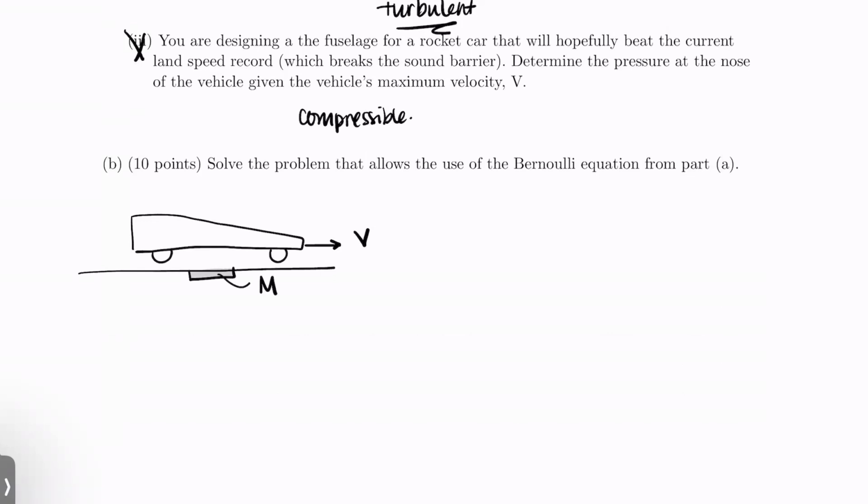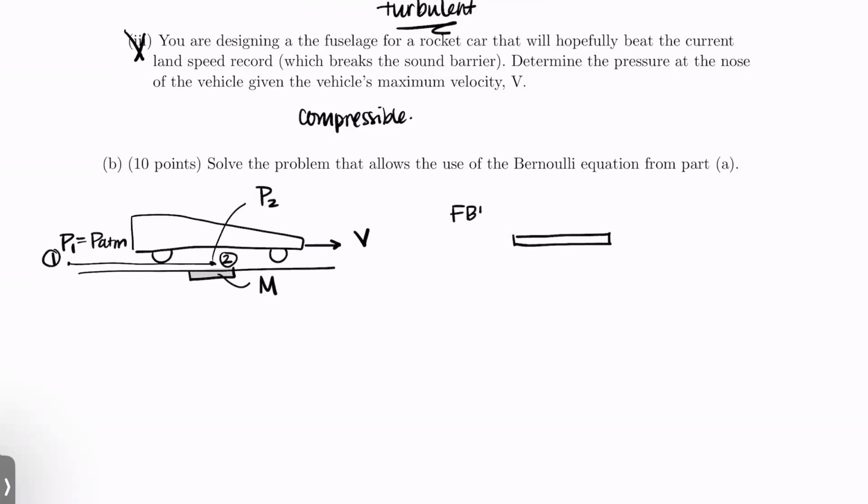We're going to assume that this is our streamline from point 1 to 2, where P1 is P atmosphere. And then P2 is not going to be atmospheric pressure, because it's going to be moving with the speed of the car, roughly. Okay, so if we want to know the conditions for the cover to lift, what we need is a free body diagram on the manhole cover.